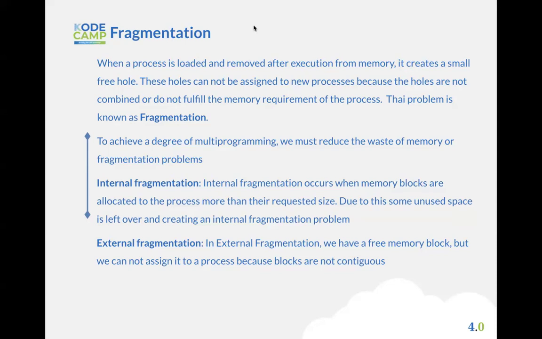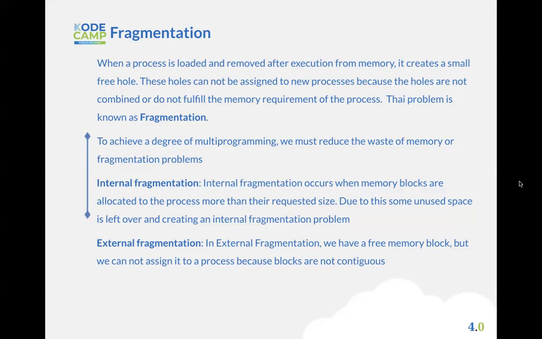Internal fragmentation occurs when memory blocks are allocated to processes more than the required size. When you have memory blocks of 3 MB being allocated to processes of 2 MB, for instance, this creates leftover space and fragmentation.